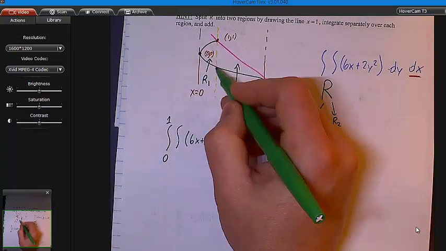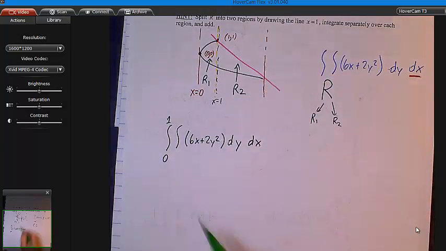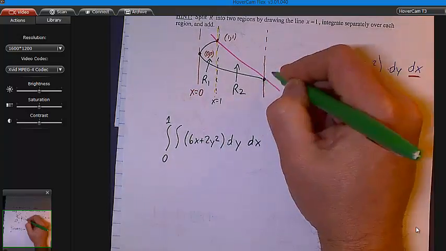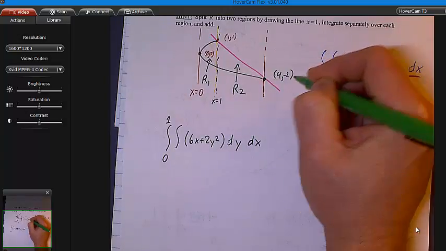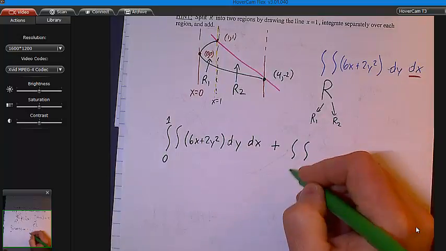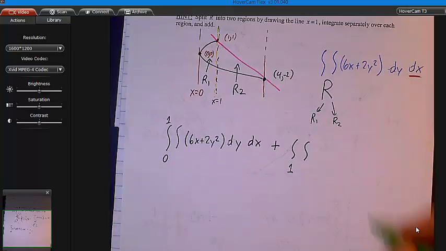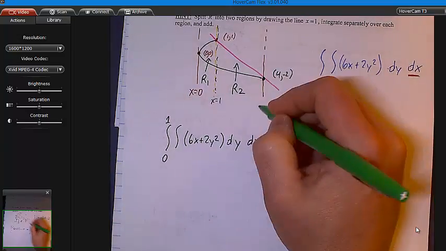Those are the outside boundaries. This line here, x equals 1, comes into play. Remember, this is the point we found was 4, negative 2. So plus, we're going to have a double integral starting at 1 and ending at what? 4. It's the x values, right? X equals 4.